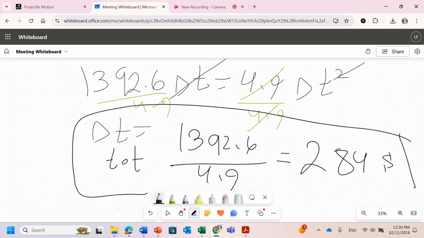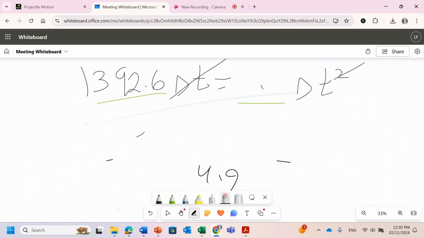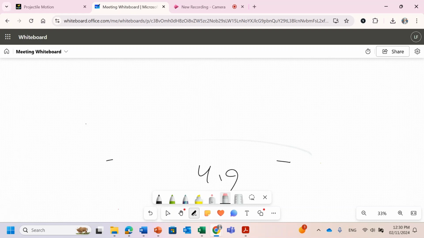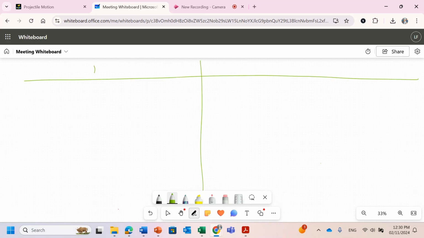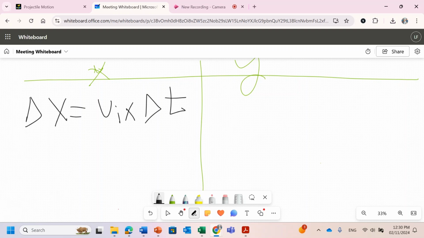Now I can find the range delta x when it lands. And this one we'll get from what? From x, delta x. Remember at the beginning when we made the table, we wrote x here and y here. So we go to this equation: delta x equals v initial in x direction times delta t, and this should be delta t total when it lands.